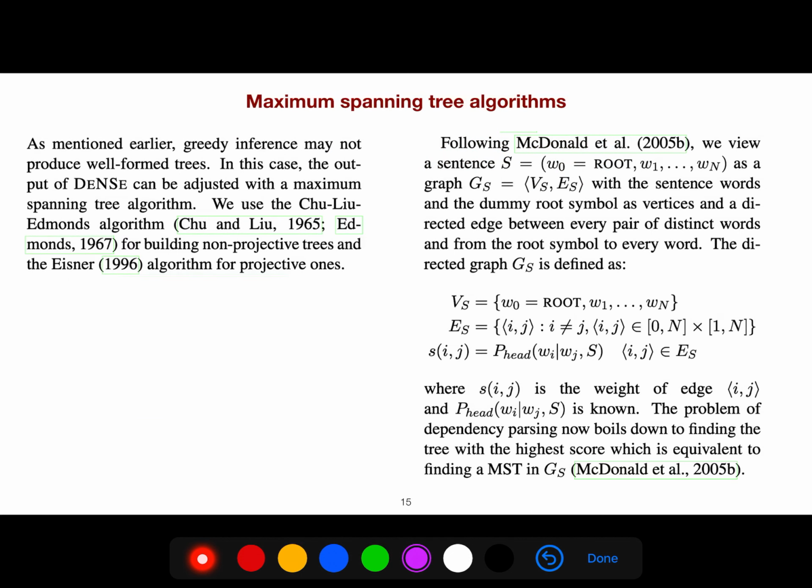So let's work on the maximum spanning tree algorithm. For the score of each edge i and j, we use the P of head that we modeled, and because it is known, we can model that. Now the problem is reduced to finding the tree with the highest score.